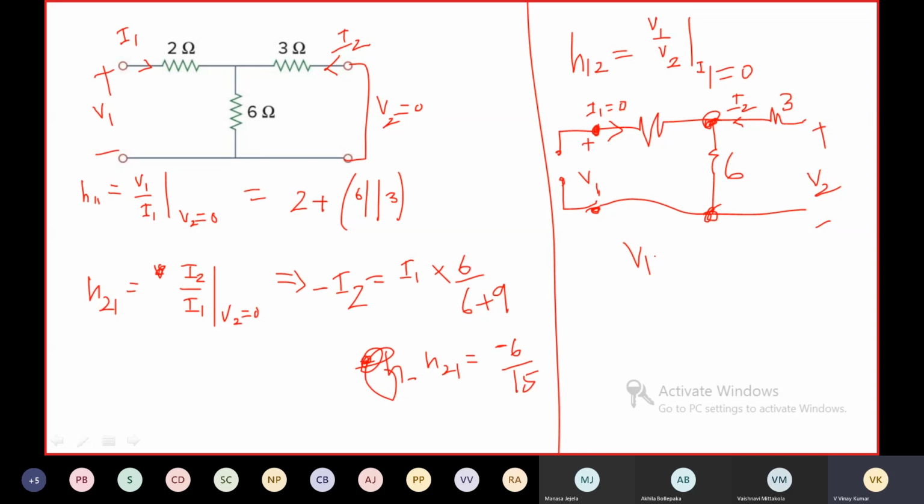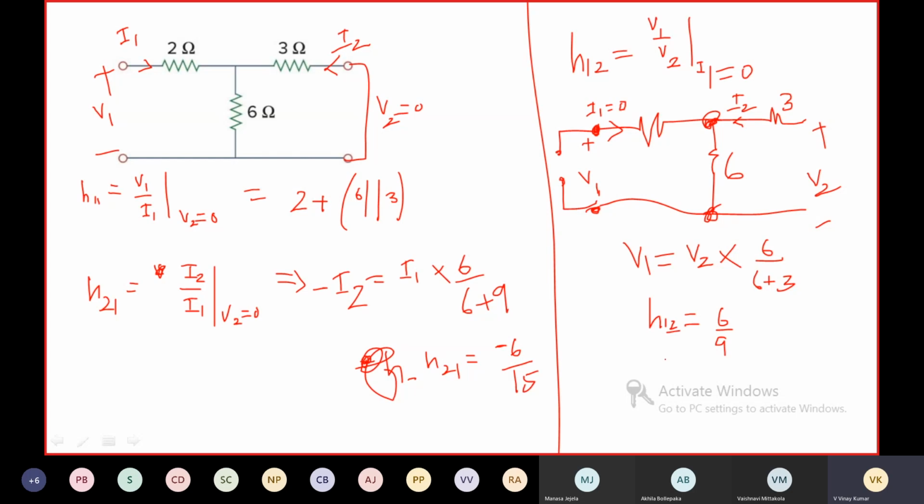Using the voltage division rule, V1 is equal to the total voltage V2 into the opposite resistance, 6 by 6 plus 3. Then the ratio of V1 to V2, H12, is equal to 6 by 9.